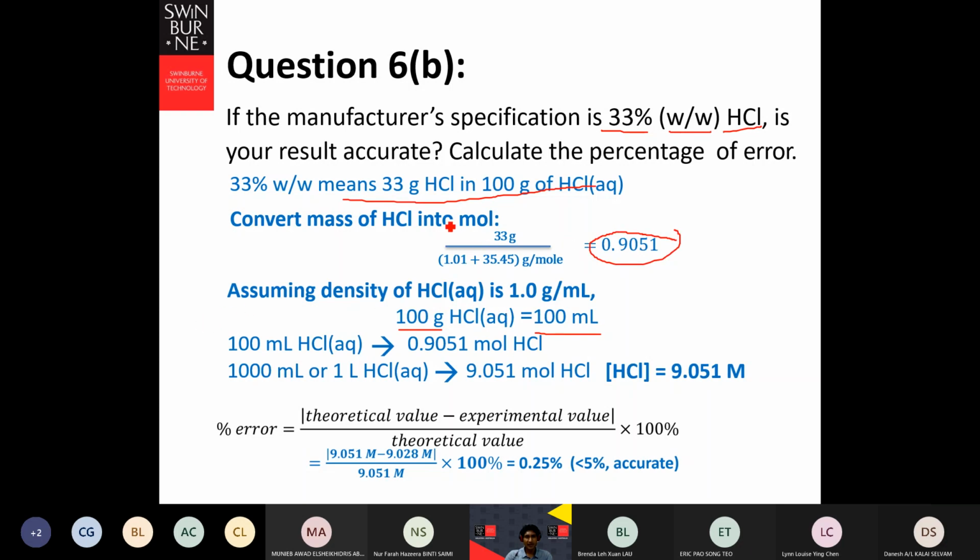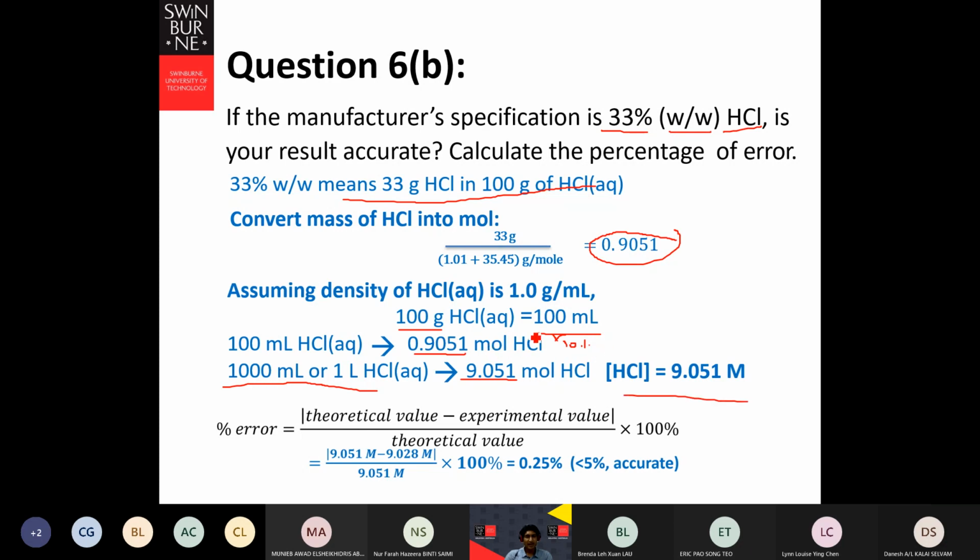So in 100 milliliters, there is 0.9051 mole of HCl. So in 1000 milliliters, it will be 10 times as well, and then it becomes 9.051 moles.